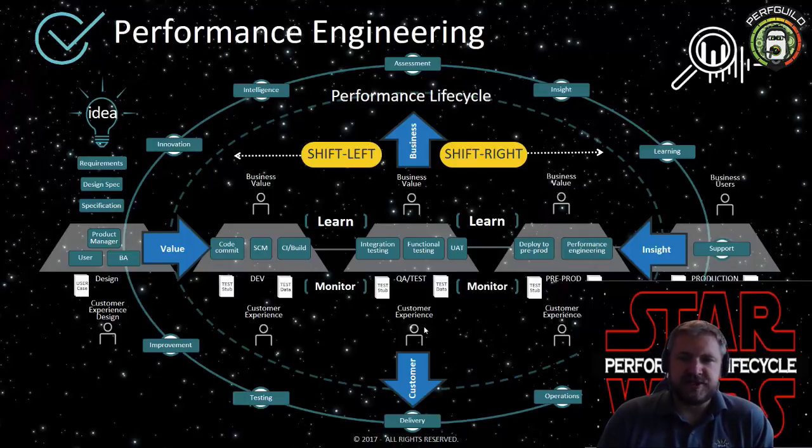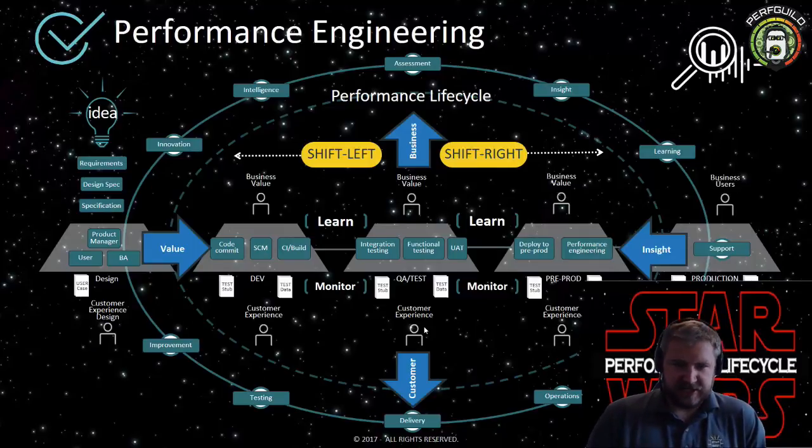You see some of the key traits that go around innovation, intelligence, assessment, insight, learning, support, delivery, testing, improvement, operations. These are all continuously iterative activities that are not restricted to a single component. Therefore, when an application is deployed into production, that's not where it goes to die.